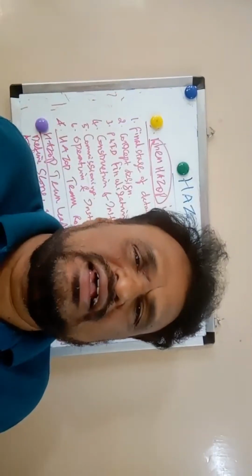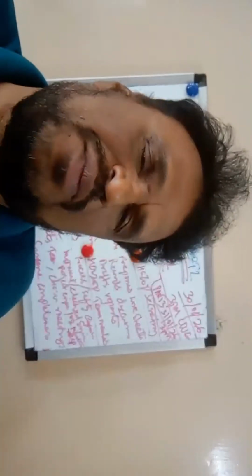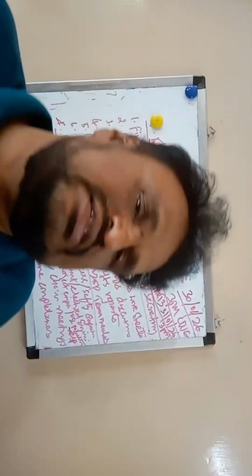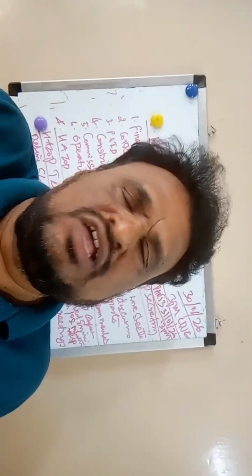The main aim is to know what is HAZOP, what are the objectives of HAZOP, what are the different kinds of performance, and what are the team positions. We will see all these things part by part.